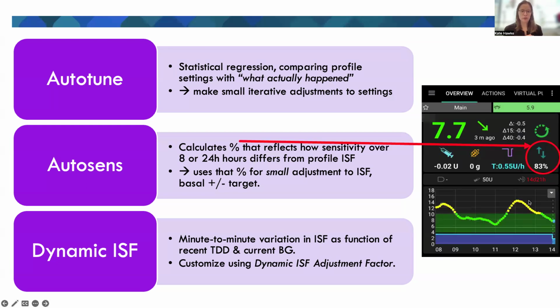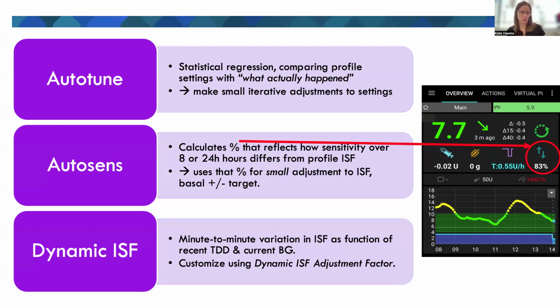So we'll see that actually displaying on the user's home screen. If somebody's quite insulin sensitive, when aAPS is giving them their corrections, their glucose is dropping quite a lot. AutoSense is saying, oh, we're sensitive at the moment. You actually don't need that much insulin. You're only at like 83%, where 100% would be you need the full amount that you're normally programmed for.